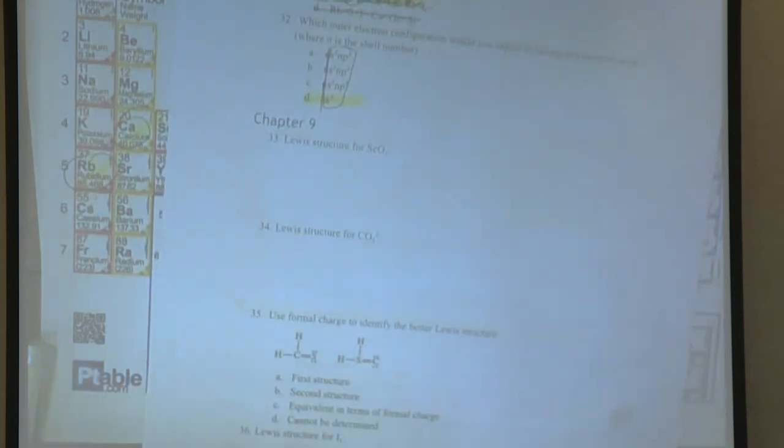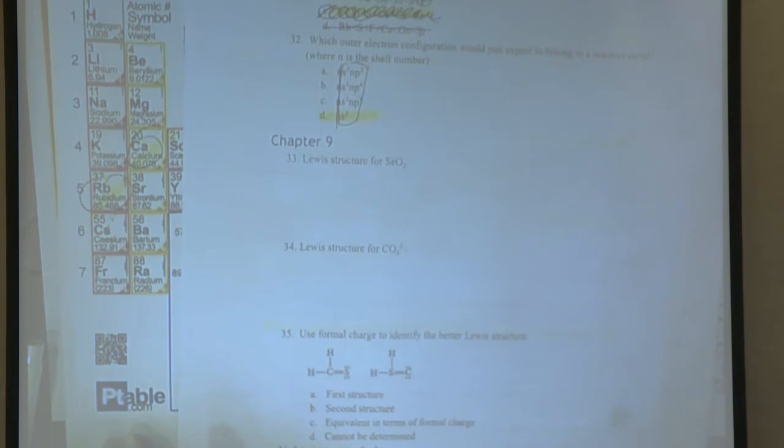Chapter 9. So I included these specific Lewis structures because people really get tripped up on them, because they're notable exceptions to things. So SeO2.